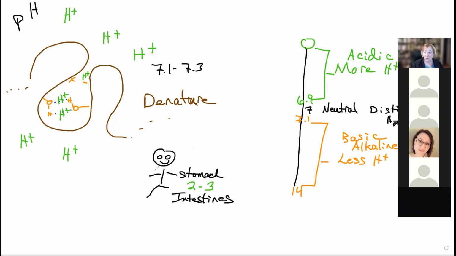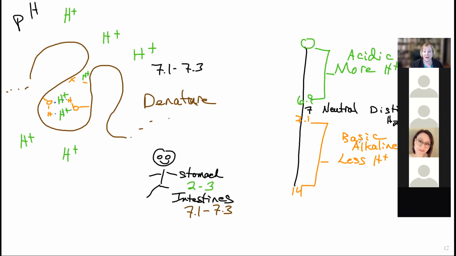So your liver produces bile salts, they accumulate in your gallbladder. And so when we get to the intestines, our pH is back to 7.1 to 7.3. And your skin tends to be more acidic for the same reason. We want to keep the numbers of microbes on our skin down. We tend to not be terribly alkaline.